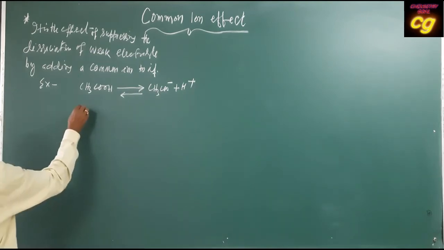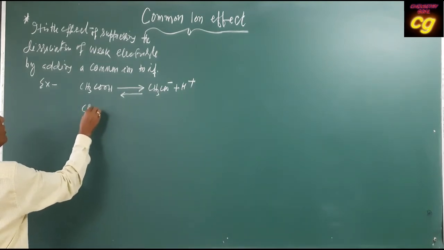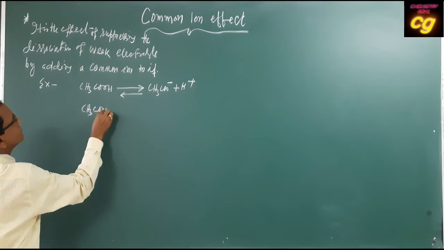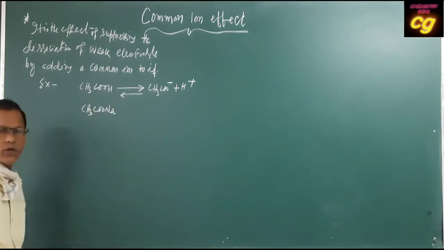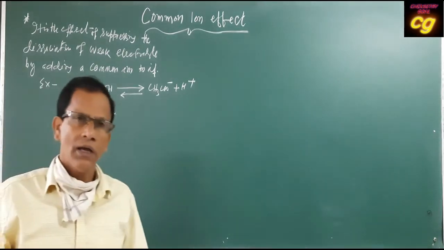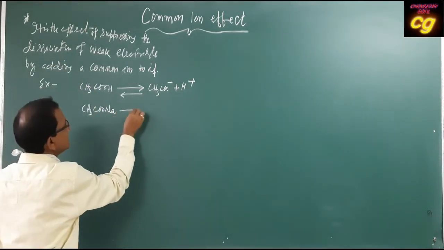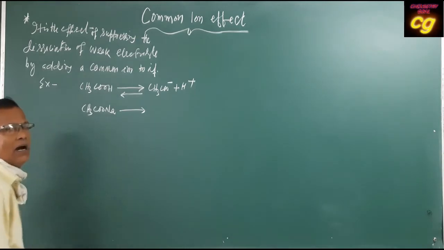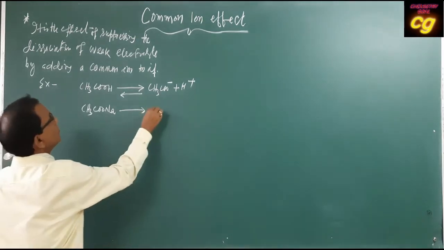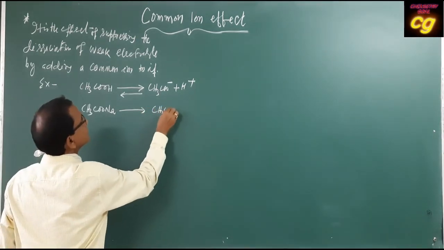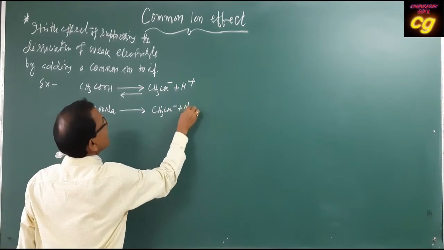But when you add one strong electrolyte, sodium salt of acetic acid, sodium acetate, which is highly soluble in water, it is always highly dissociated, so it produces acetate ions and Na+ ion.